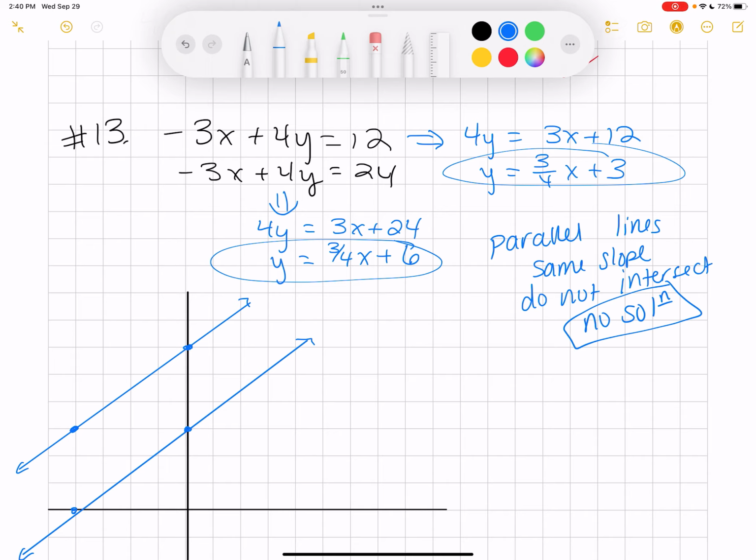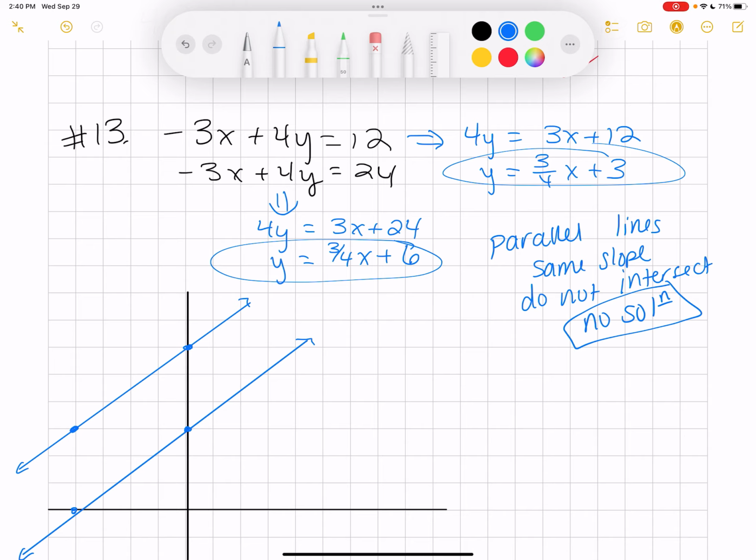Do I need to graph it if I know that it's parallel? You just need to explain why it's no solution, since it says to graph. So for the answer, I would just put no solution and parallel lines?